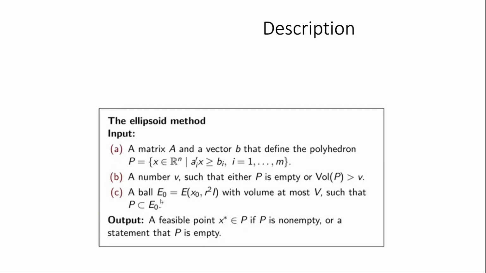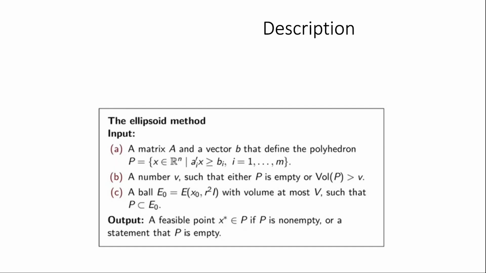We have to have an initial ellipsoid to solve the ellipsoid method. So E naught will be the initial ellipsoid which has center x naught and radius squared r square L. This is the equation of a ball, as I have already told in the beginning. This is the ellipsoid that is taken as the input.